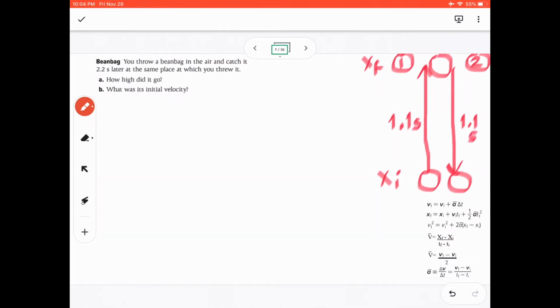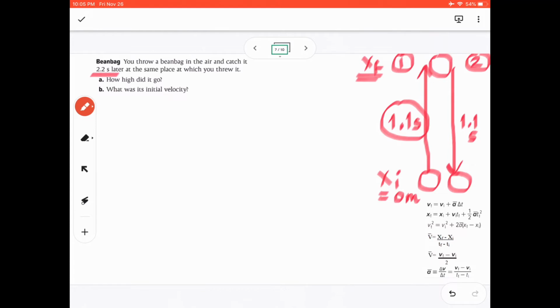That's why it's 2.2 seconds over here. Now we don't know XF, but of course XI will be equal to 0 meters. That's where our starting position is. We always assume that it is 0.